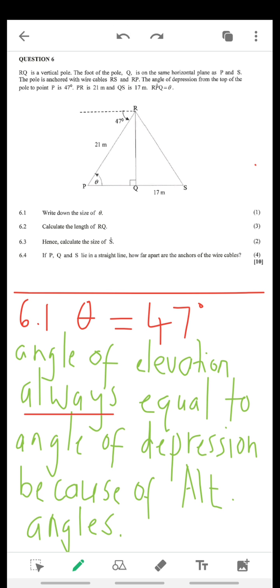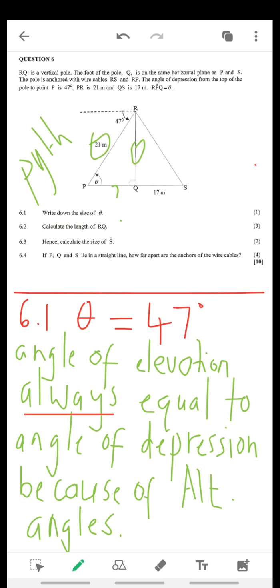Don't forget also you've got angle theta, and angle theta relates to PQ and the given length 21 meters. This will be adjacent over hypotenuse, which is what? Cos. The other thing that you can use to find PQ is the theorem of Pythagoras, because you know this, you know that, and you want this.